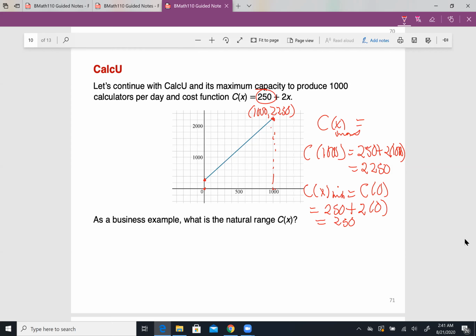So this point is 0, 250. And the range will be C of x between 250 and 2,250. That's going to be the range.